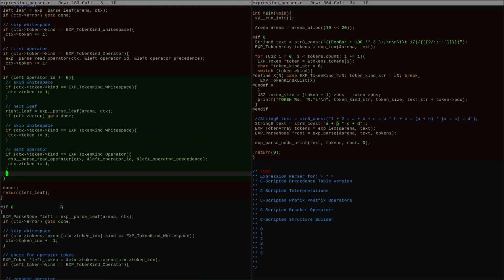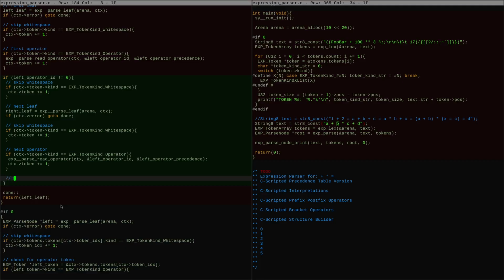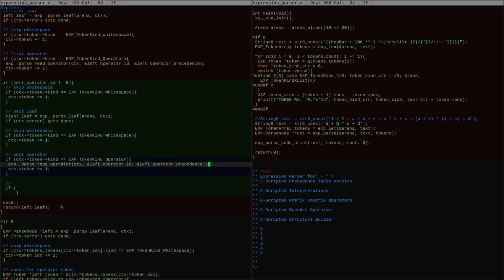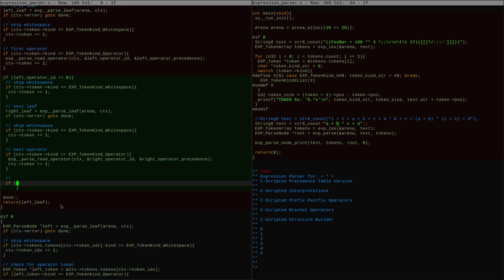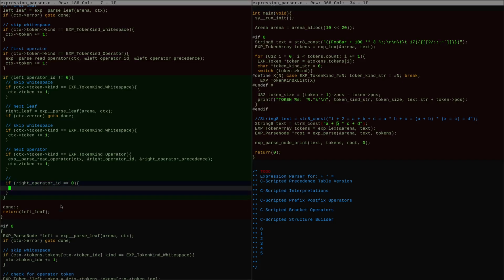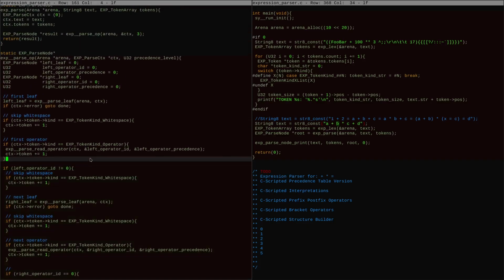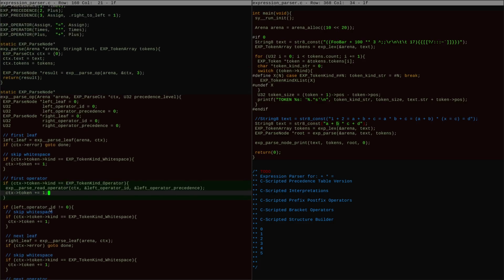Now there are cases here. If the right operator ID, the operator ID does not equal 0. What if that doesn't really help entirely? Because what if there's an error? There's got to be an error right here.